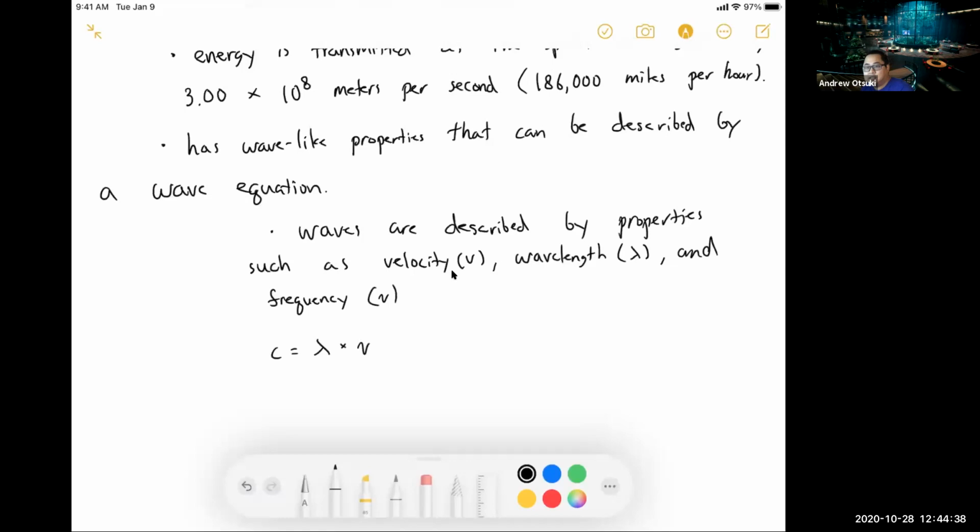A longer wavelength radiation, for example visible red light at around 650 nanometers, is within the window of what we can see. But since it's so long, it carries a very low energy value.